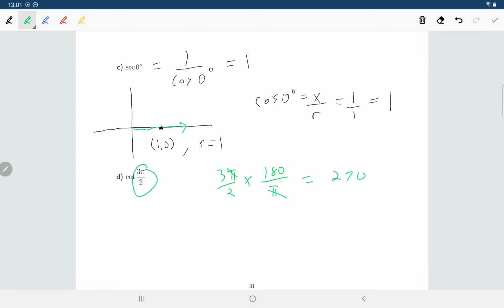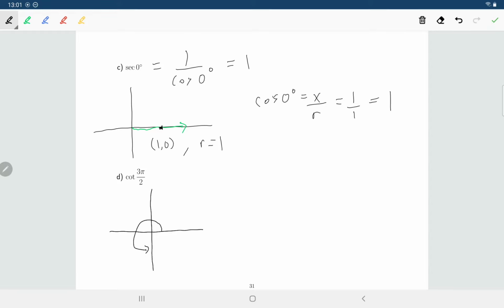So really, when we say cotangent of 3 pi over 2, we're saying cotangent of 270 degrees. And we know where 270 degrees would be. That would be over here. So there's my angle 3 pi over 2. And I can take any point that I'd like, and I'm going to take the point 0, -1.